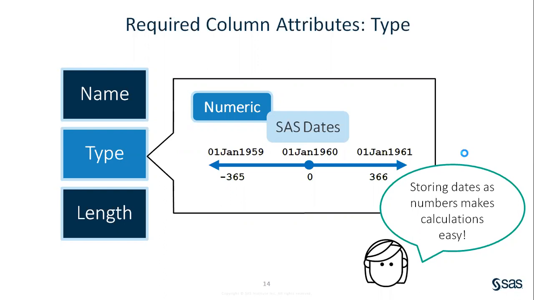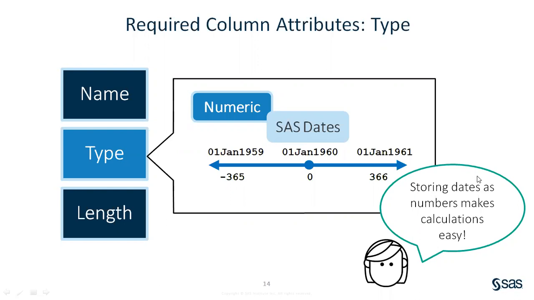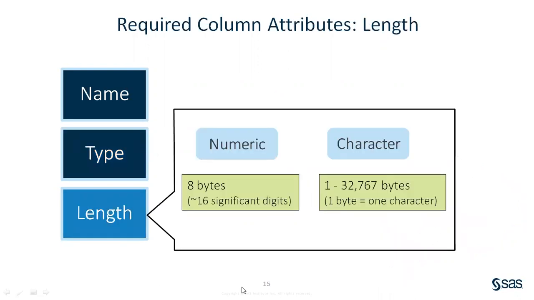All right. Moving to length. When we have numeric data, the maximum length is saved as 8 bytes. So in SAS, the length is always saved in the form of bytes.